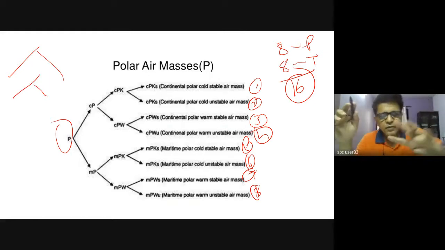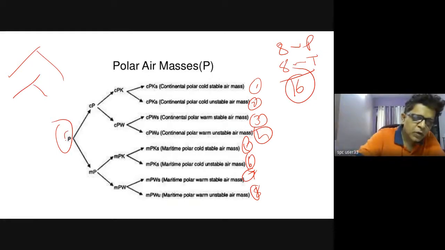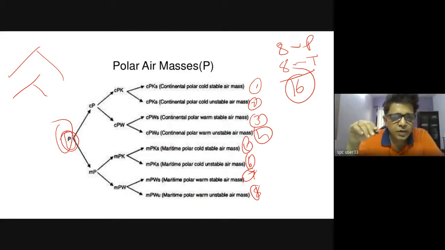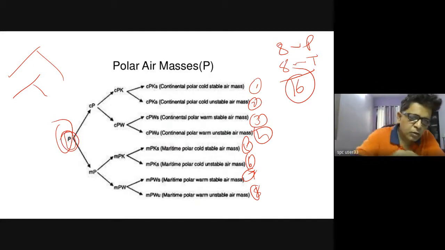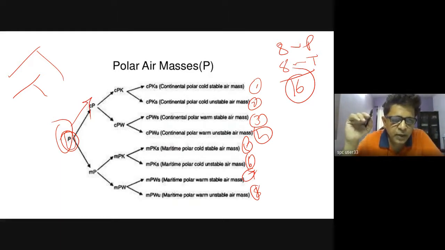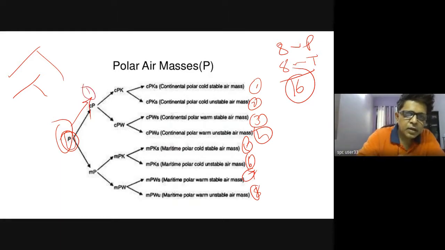Today, what we have done is we just shifted it. Every polar air mass is going to be further geographically divided into continental, the polar air mass coming from the continent. This is A, and this is the maritime, coming from a sea area in the polar areas as such.